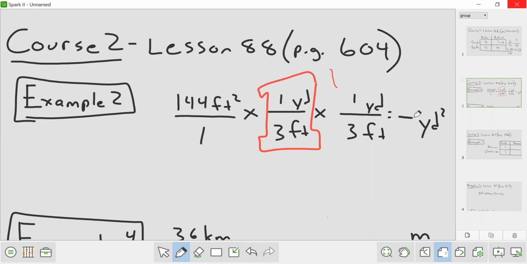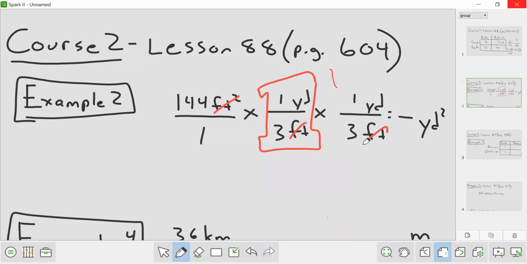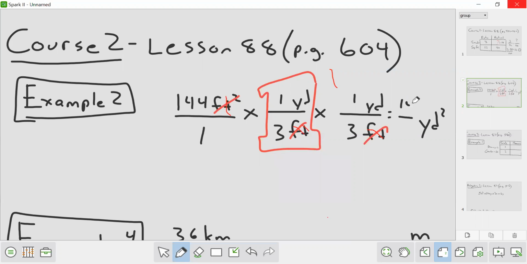So what do you get? You just multiply your numbers across, and you're going to end up cross canceling some symbols. You're going to cross cancel the 2 feet symbols and end up with 144 on top, and 3 times 3 is 9 on the bottom. You have to do the division.